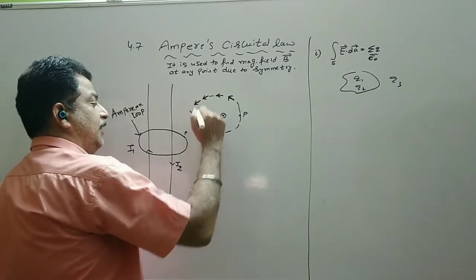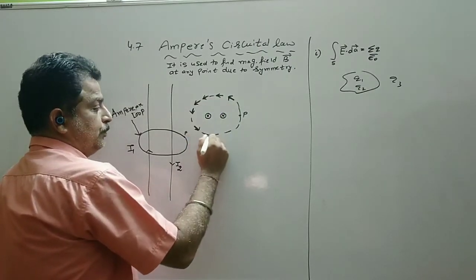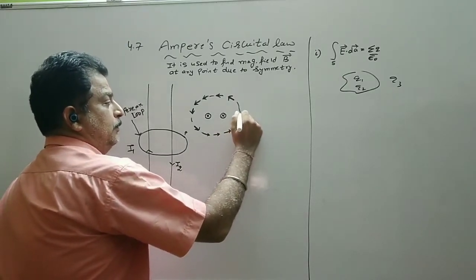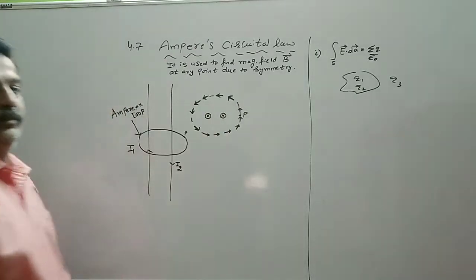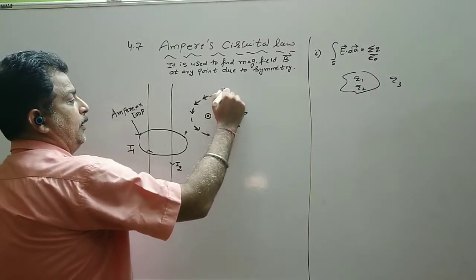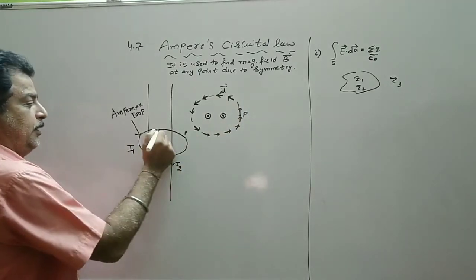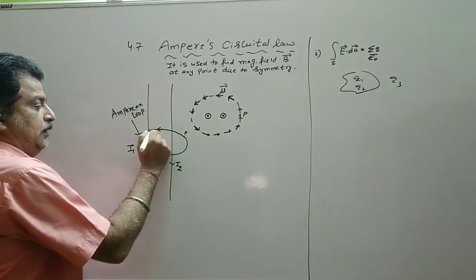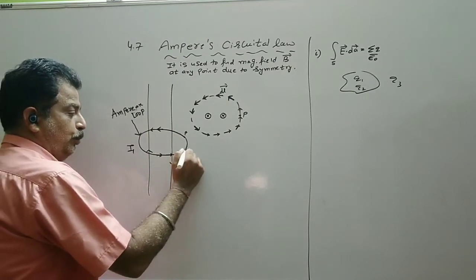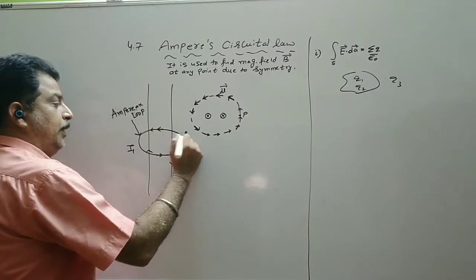Let us say this is the dl vector. So this is your dl vector. In this diagram, I divide this loop into small line elements.